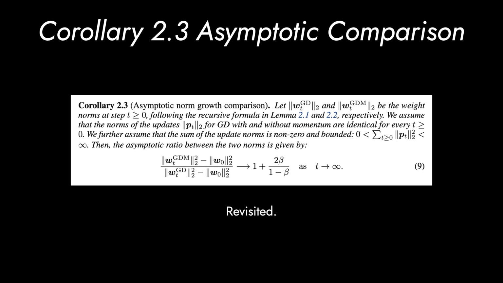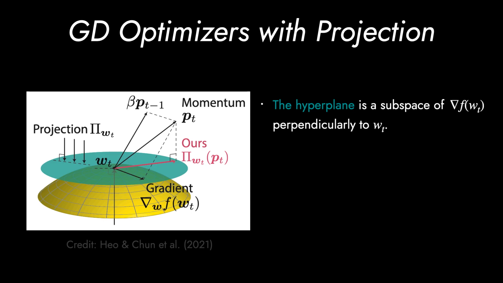The paper proposes a nice remedy using vector projection. A perpendicular vector is W_t, and the green hyperplane shows a subspace of the gradient.